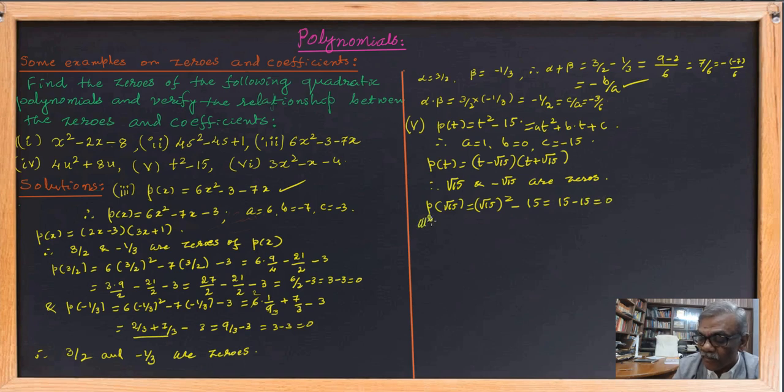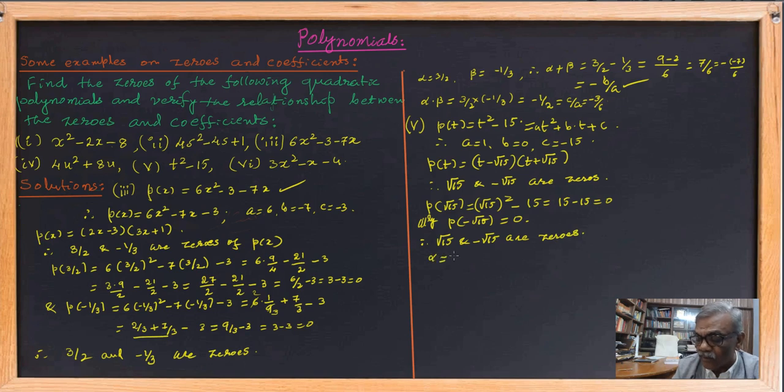Similarly, p of minus root 15 is equal to 0. Therefore, root 15 and minus root 15 are zeros.